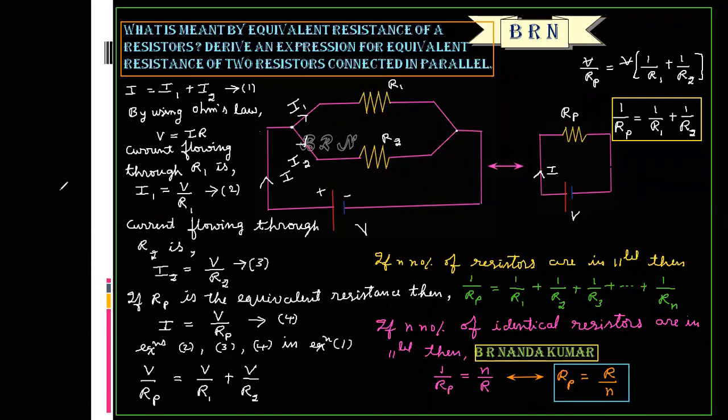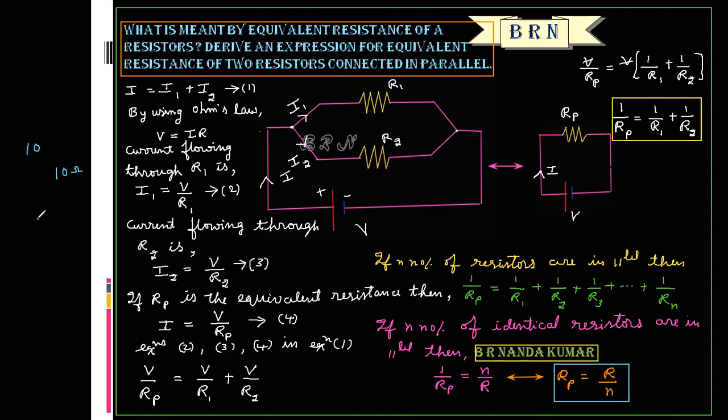Okay. For example, if 10 resistors, each having a resistance of 10 ohm, are all connected in parallel, then what is the equivalent resistance?